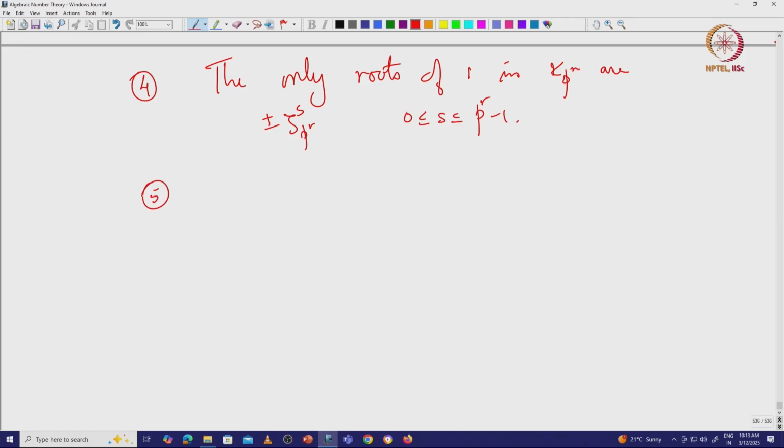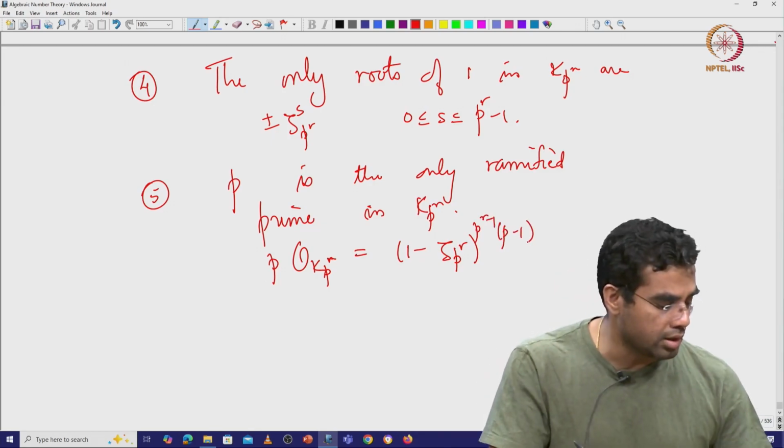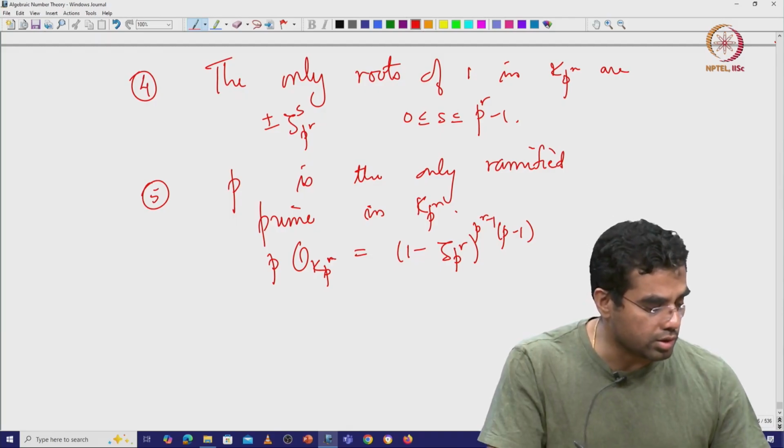And 5 was that p is the only ramified prime in K p to the r, and the ideal generated by p is the ideal generated by 1 minus zeta p to the r, to the power p to the r minus 1 into p minus 1. So, p is totally ramified, not only that it is ramified, but it is totally ramified.